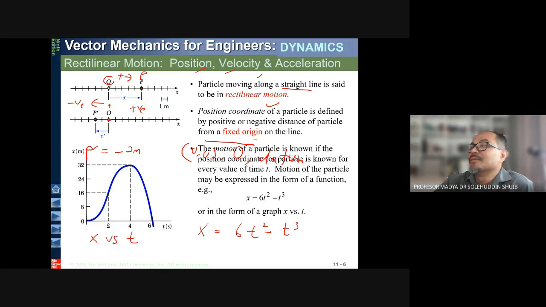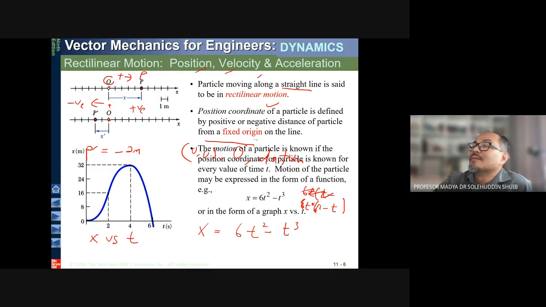So you plot the graph. You have 6t squared, so 6 times t squared minus t cubed. It is easiest to put t and keep the 6.